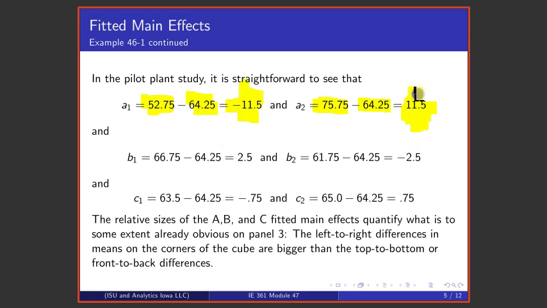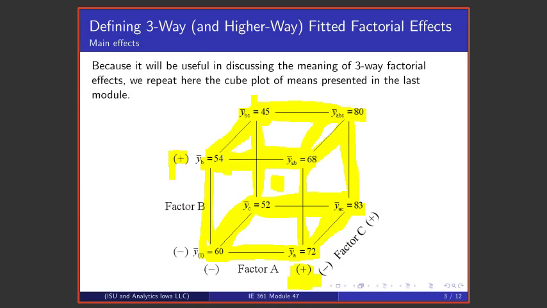Put it differently, this thing's a sign switch away from that thing, and that holds good for A main effects, B main effects, and C main effects. If one computes these things and looks at their relative magnitudes, the A main effects look to be bigger than the B or C main effects, and that is emblematic of the fact that the left to right differences on this cube seem to be bigger than the top to bottom differences or the front to back differences.